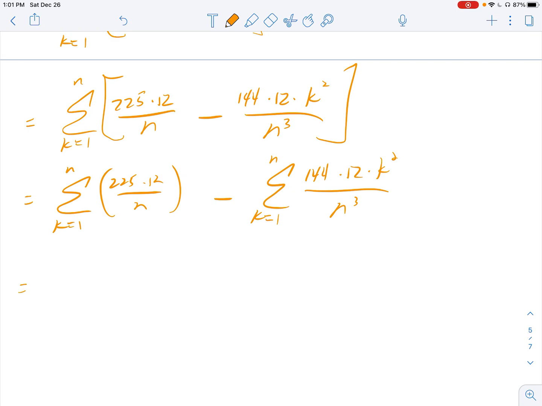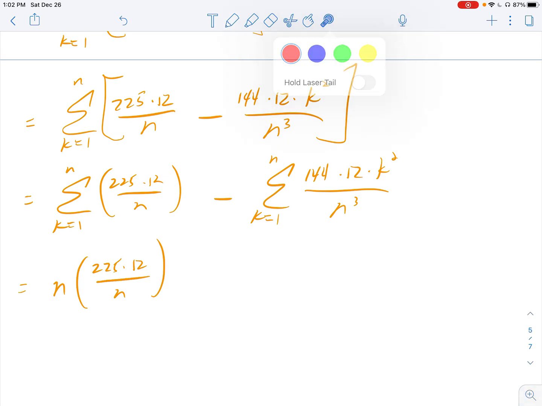Now, let's notice here, this doesn't have a k in it. So this is saying count from 1 to n and every time add this. So when k is 1, I have this. When k is 2, I have this. When k is 3, I have this. I'm just adding this together n times. So this first thing here is n times 225 times 12 over n.